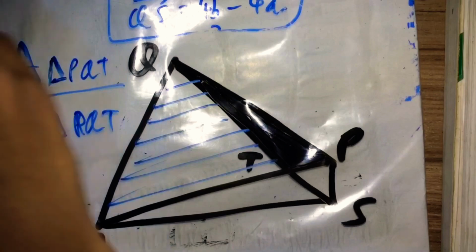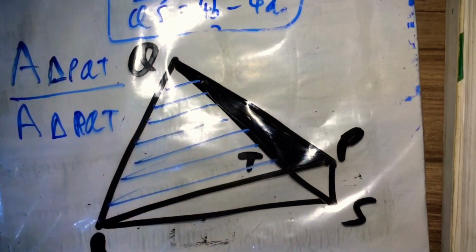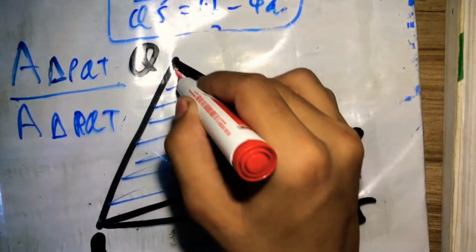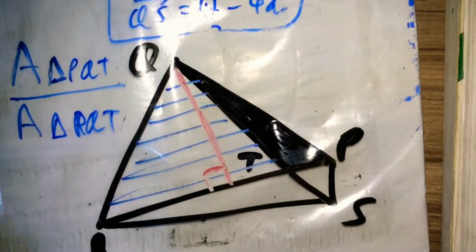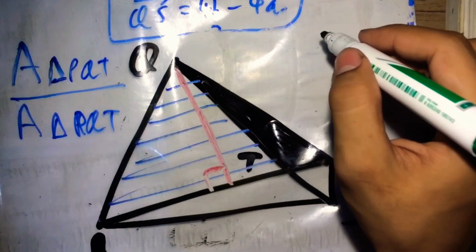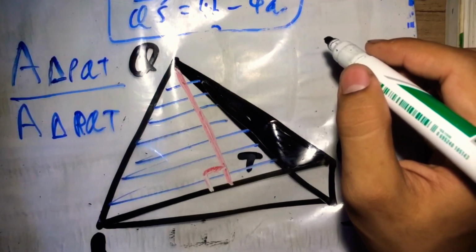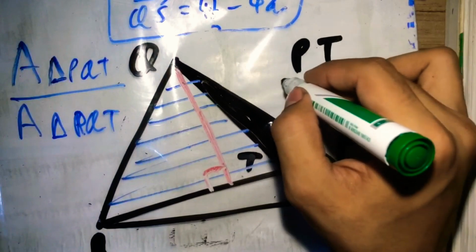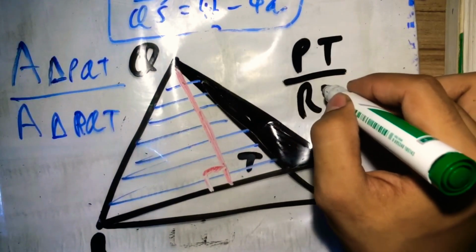Here once again we can see that the height is equal for both triangles. So again we'll use the ratio of the bases. The ratio of the bases will be PT upon RT.